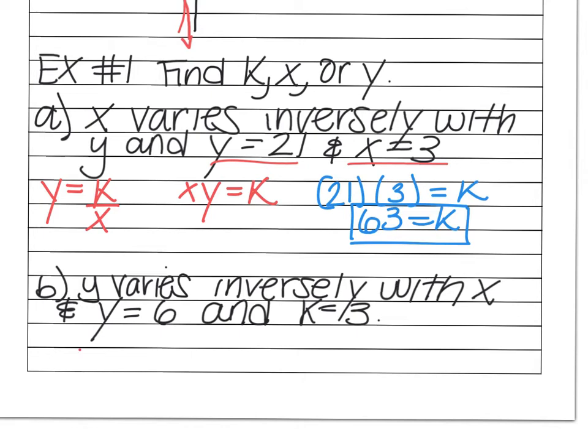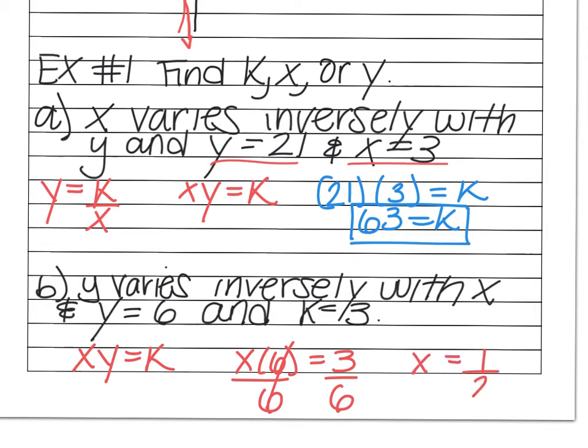I'm going to use the x times y equals k equation. I know that I don't know what x is. I know that y is 6, and I know that k is 3. And I'm going to solve for x. So I'm going to divide by 6 because I want to get x by itself. And I get x equals 1/2 because 3 goes into 3 once and 3 goes into 6 twice.